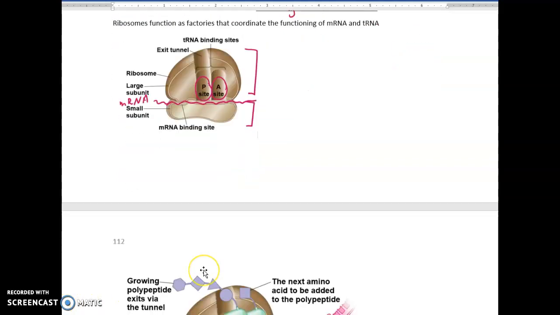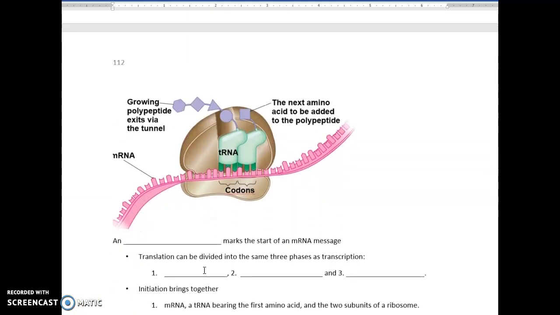And this is what it looks like when it's working. This is mRNA going between the two. We've got two tRNAs that are matching codons. They match the codons to the RNA, and they have these amino acids.